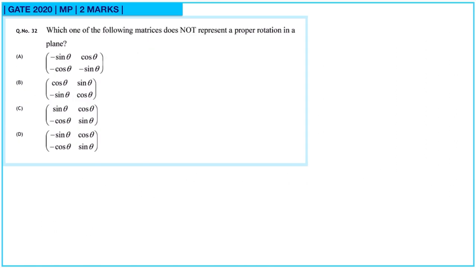Next question. Which one of the following matrices does not represent a proper rotation in a plane? It will represent a proper rotation if the determinant of M is equal to 1. So that we have to find. Now for the first case, it will be sin²θ + cos²θ, so this is sinθ into sinθ, sin²θ, plus cos²θ. So this is equal to 1.